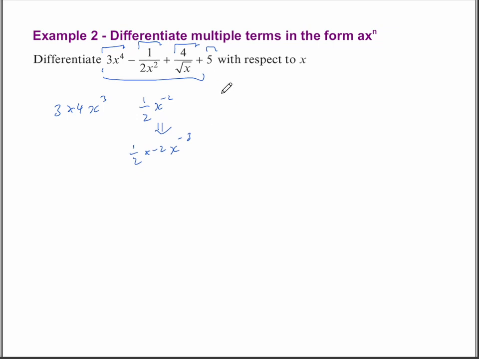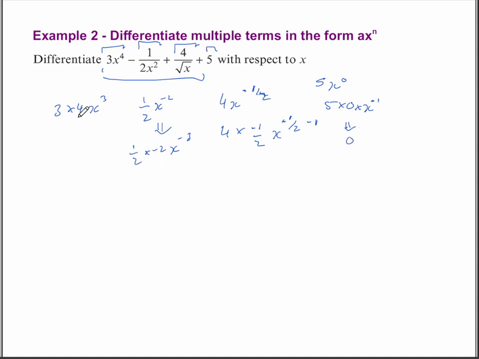Then this one right here is going to be 4x power negative a half. And to differentiate this, we will take 4 times negative a half x power negative a half minus 1. And finally, to differentiate 5, remember 5 is just 5x power 0. And so we'll have 5 times 0 times x power negative 1, which is just going to be 0.